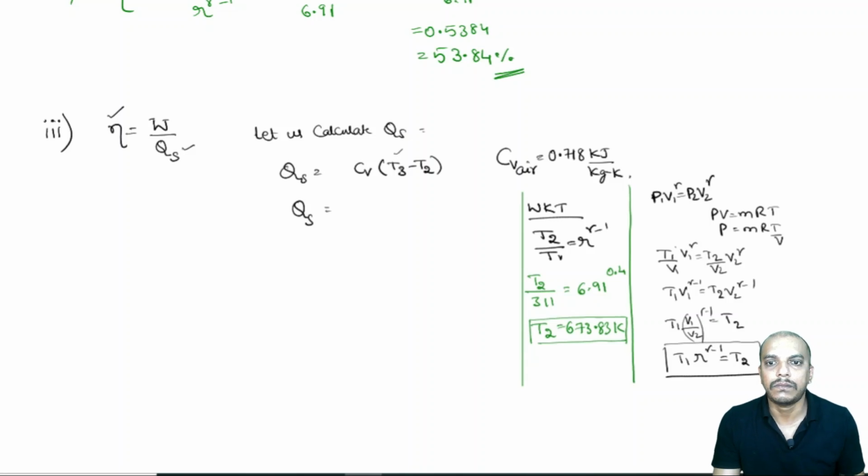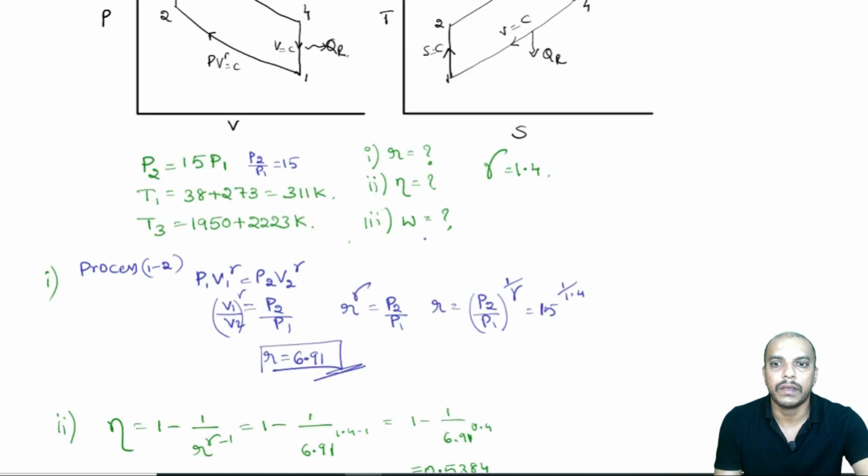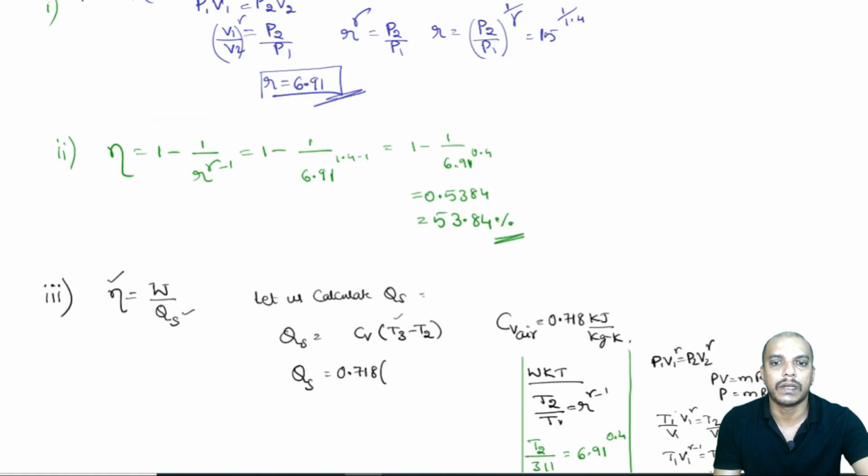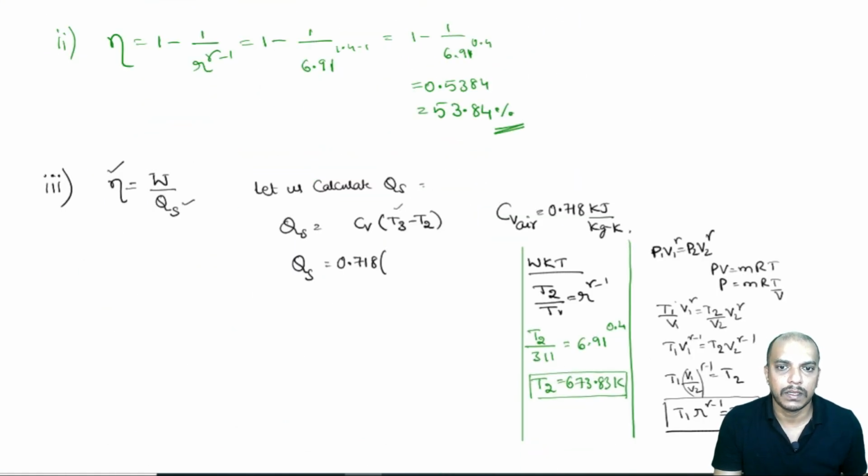Okay. Now let us come back here to QS. Now 0.718, and T3 is given to us. T3 is 2222 Kelvin. So 2222 minus 673.83.